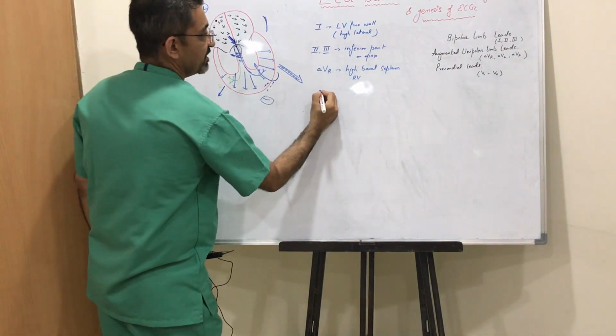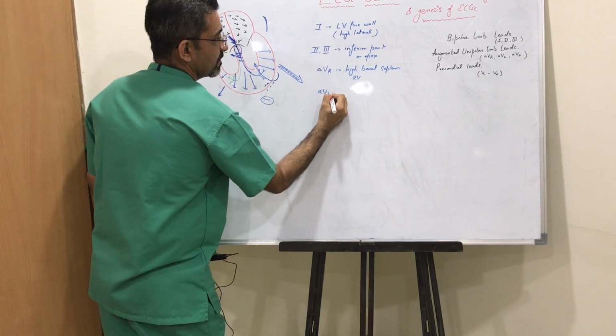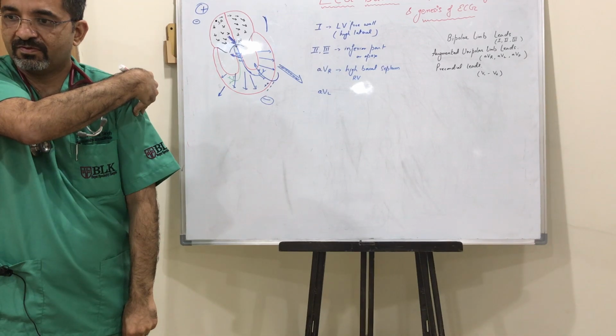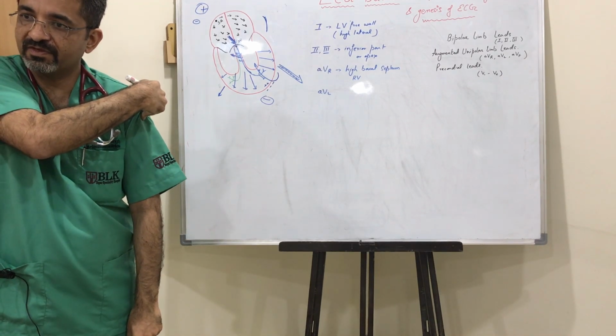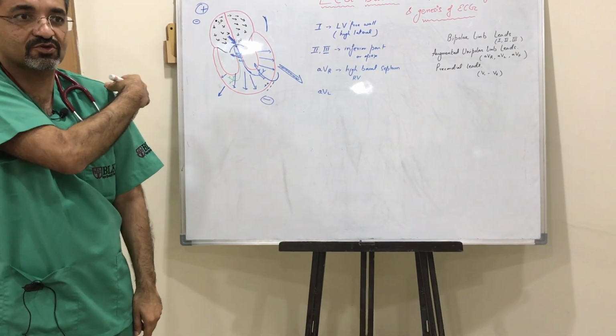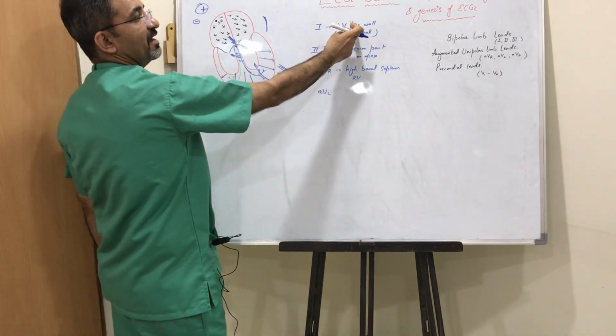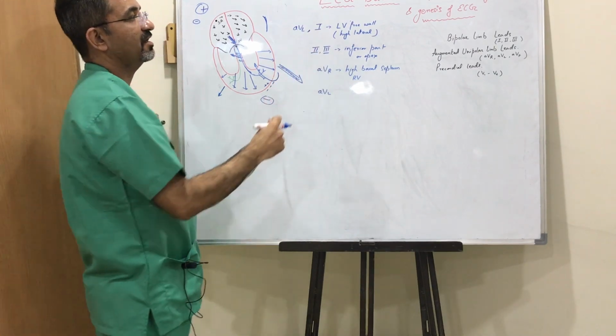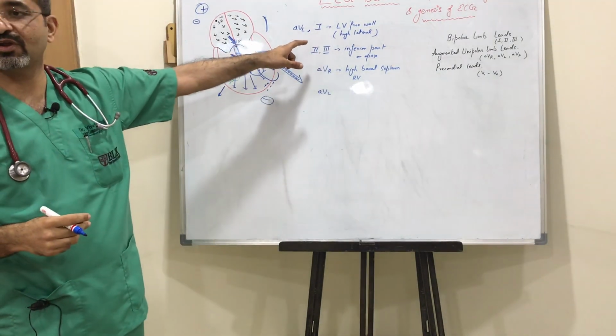If I talk of AVL, AVL positive lead is again on my left shoulder. So where is it looking? It is looking at the LV free wall. So AVL and lead 1 are looking at my LV free wall, high lateral.